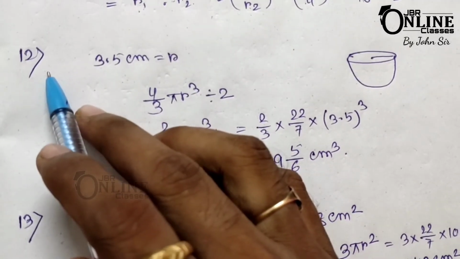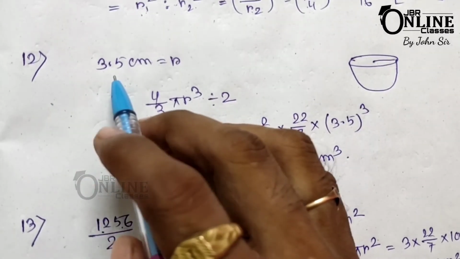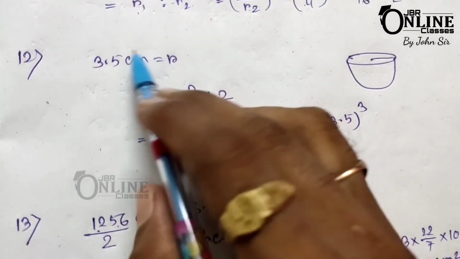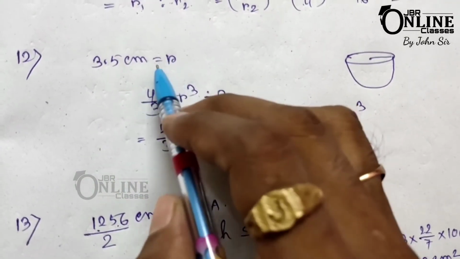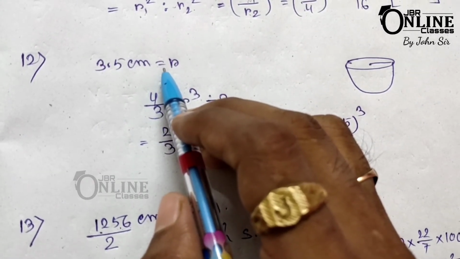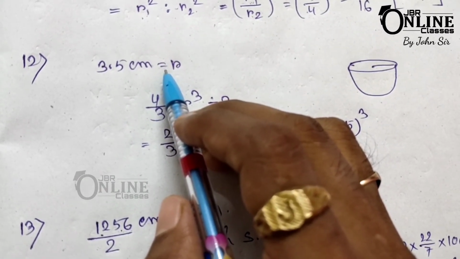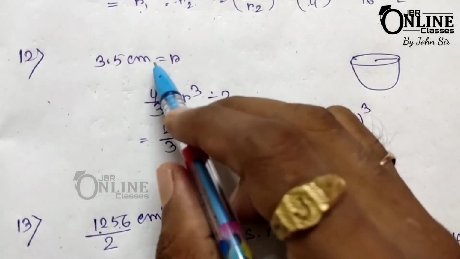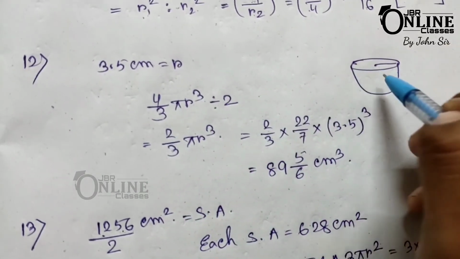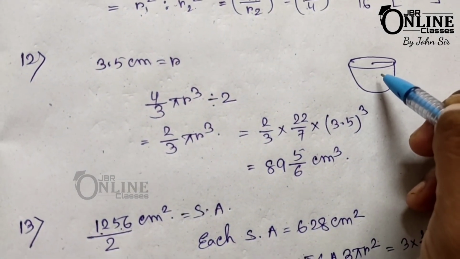Okay, so here sum number 12. In sum number 12, a hemispherical bowl has a radius of 3.5 centimeter. It's given. So now what would be the volume of water it would contain? That means you have to find the volume of that hemispherical bowl.